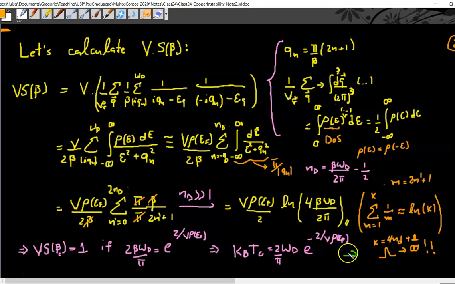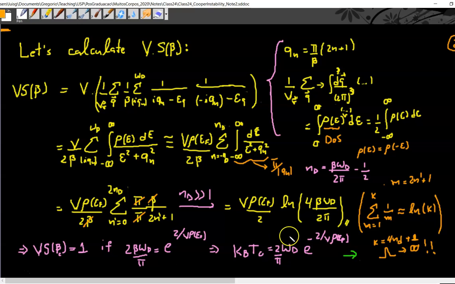So in this case, there will be something happening: the formation of pairs of electrons with time reversed states. So spin up going one way, spin down going another way, they will interact, and they will interact so strongly that they might form a bound state at these kinds of temperatures.